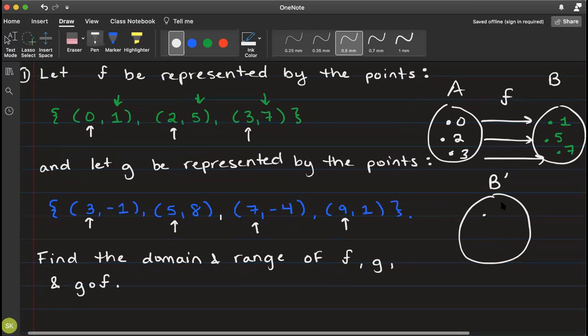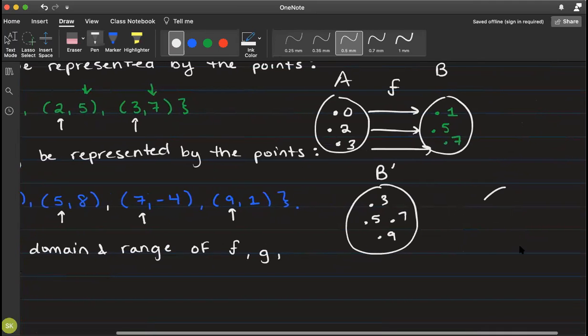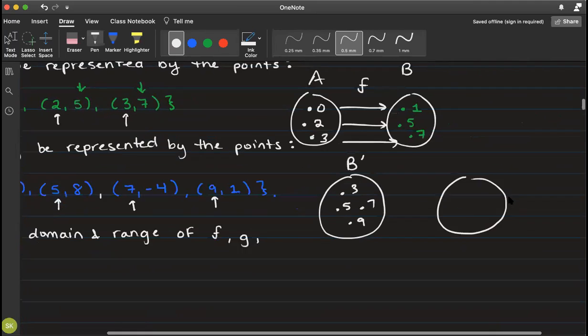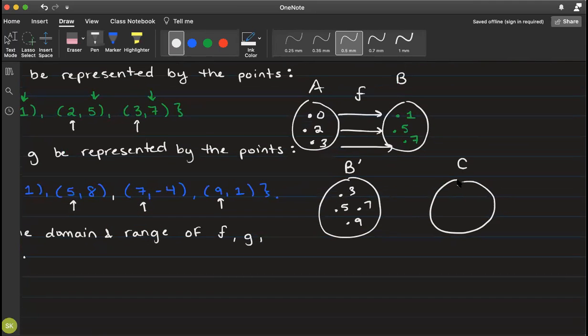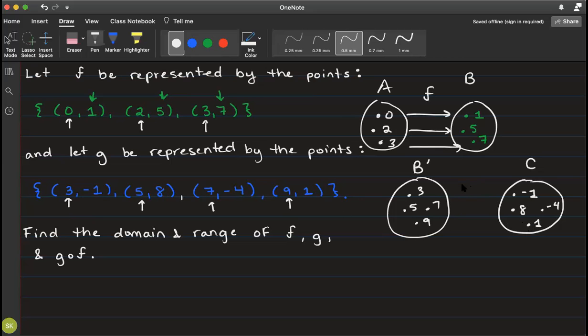So let's put those numbers here: 3, 5, 7, and 9. And what g does is it's mapping to another set C. It's sending 3 to -1, 5 to 8, 7 to -4, and 9 to 1. And that is your map. I'm just going to write it like this, g.